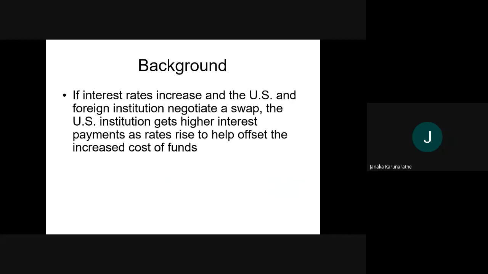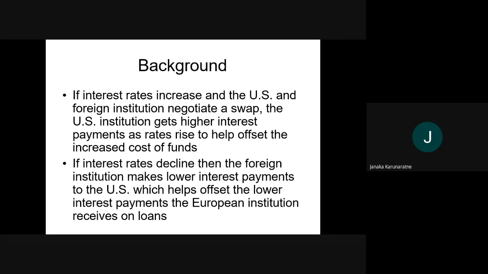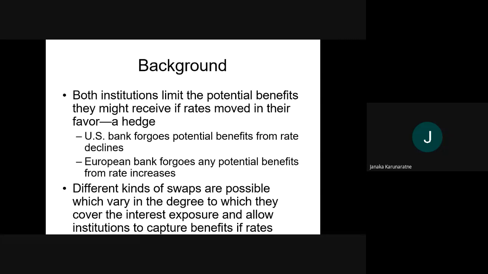So if the interest rate increases and the US and foreign institutions negotiate a swap, the US institution gets higher interest payments as rates rise, to help offset the increased cost of funds. If the interest rate declines, then the foreign institution makes lower interest rate payments to the US, which helps offset the lower interest payments the European institution receives on loans. So both institutions limit the potential benefits they might receive if rates moved in their favor.